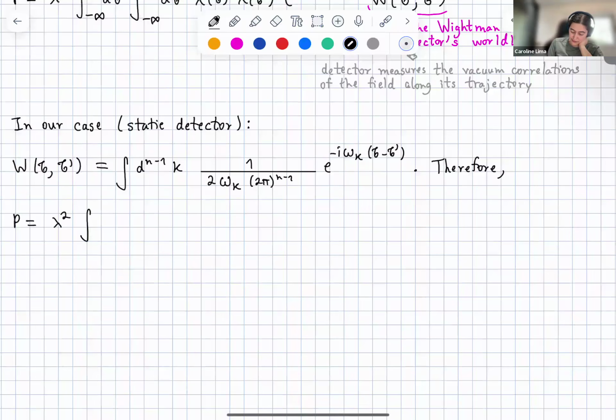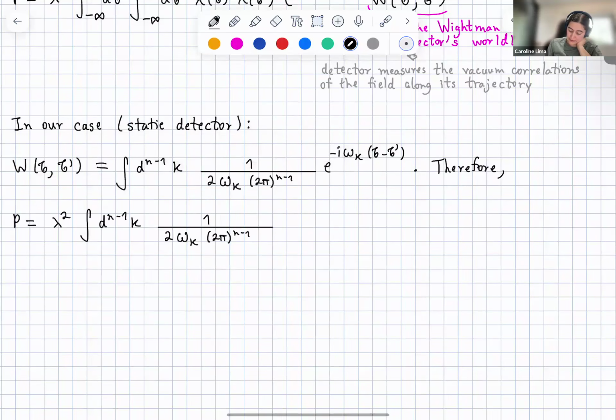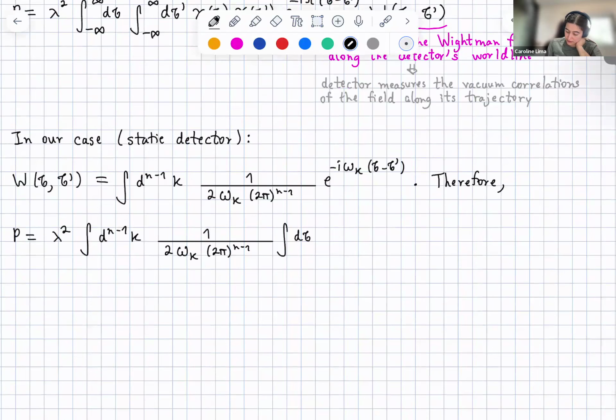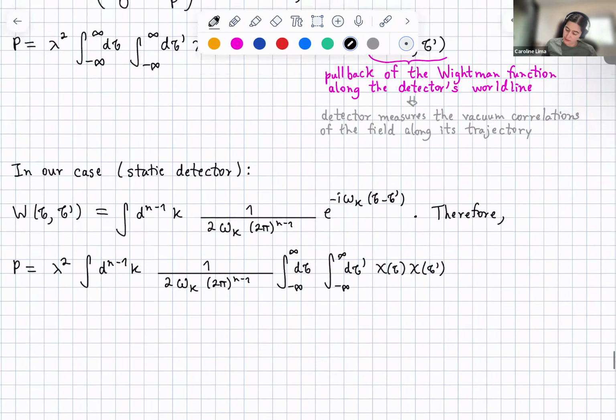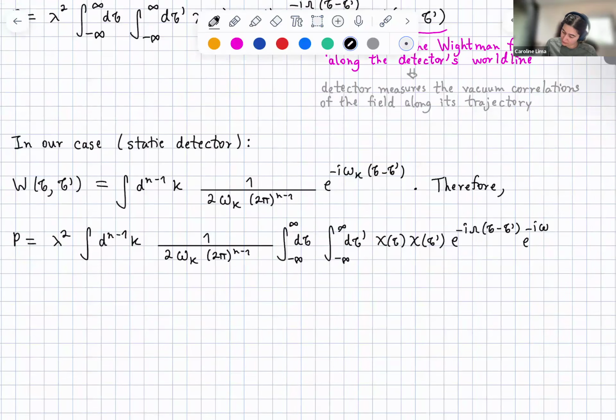So I'm just going to write this part first, just copy this, and then write the tau integrals: d tau, d tau prime, times the switching function chi of tau prime, times e to the minus i omega (tau minus tau prime), times e to the minus i omega_k (tau minus tau prime).